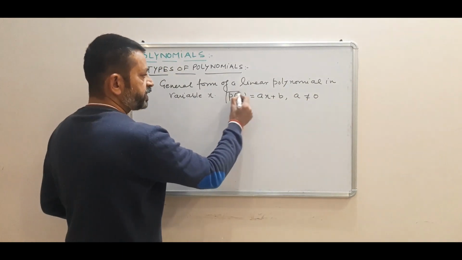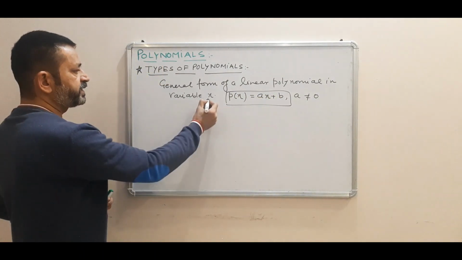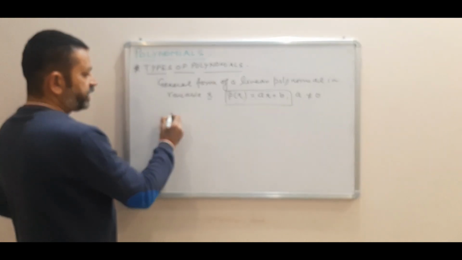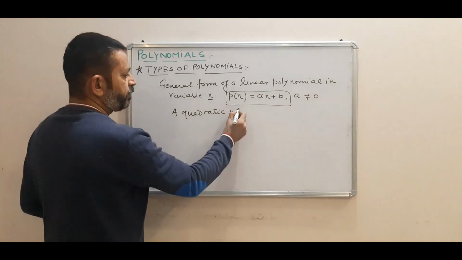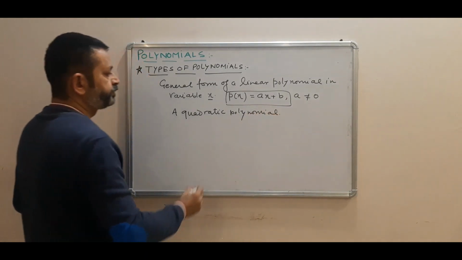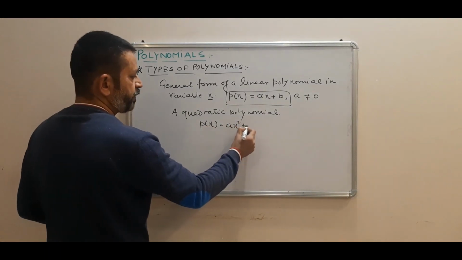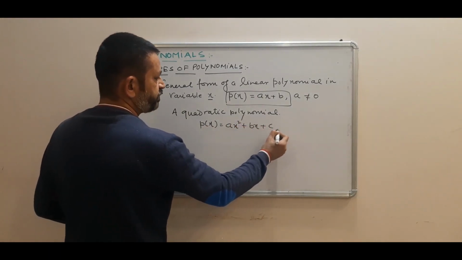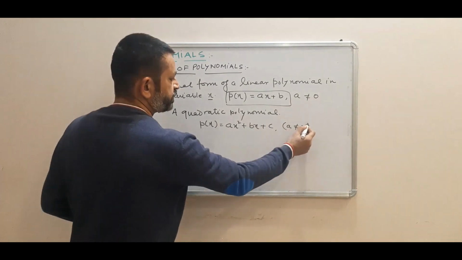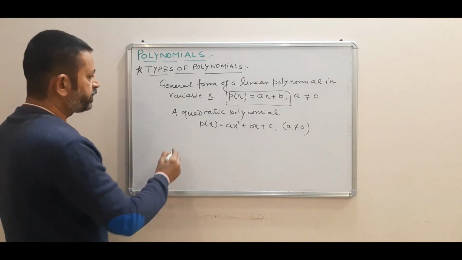So this is the general form of a linear polynomial, ax plus b, and the variable is x here. And the general form of a quadratic polynomial is ax square plus bx plus c, provided a is not equal to 0. Only then it will be a degree 2 polynomial, that is a quadratic polynomial.